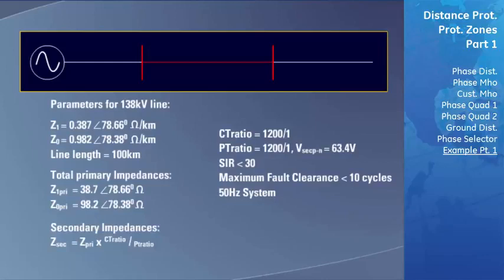Since the CT ratio divided by the PT ratio is equal to 1, our secondary impedances will be the same values as the primary impedances. Therefore, the secondary impedances that will be used in all calculations are 38.7 ohms at an angle of 78.66 degrees for positive sequence impedances, and 98.2 ohms at an angle of 78.38 degrees for zero sequence impedances.